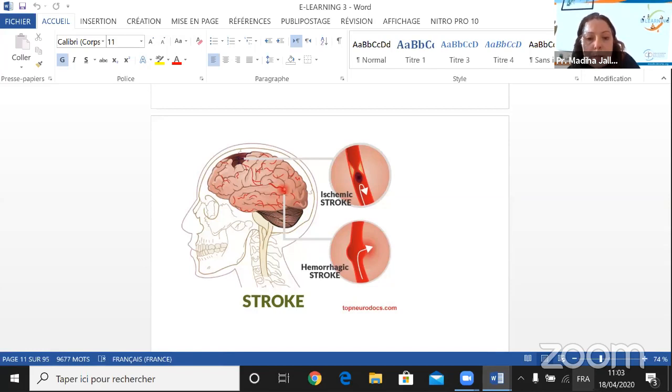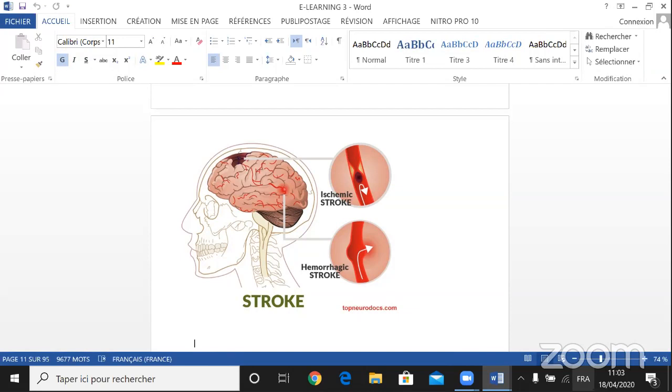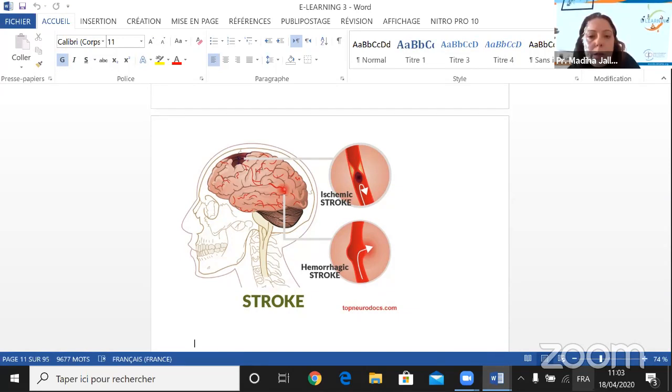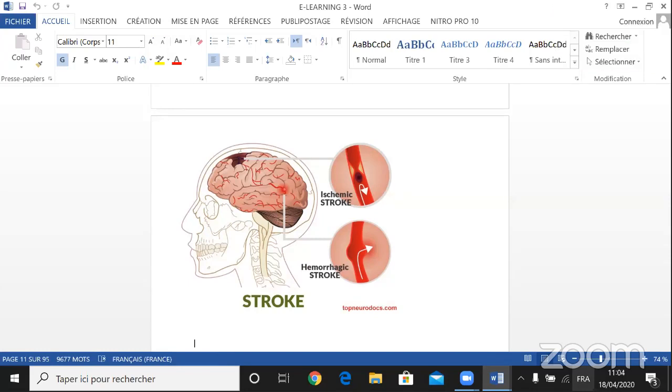Ischemic stroke. So here, blood vessel within the brain. What happens to the blood vessel within the brain? Obstruction. Yeah, it gets obstructed. Good. Blood vessel within the brain gets obstructed, gets blocked, maybe by blood clot or by, I don't know, cholesterol plaque.